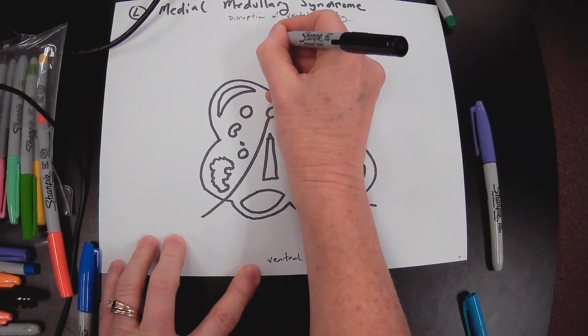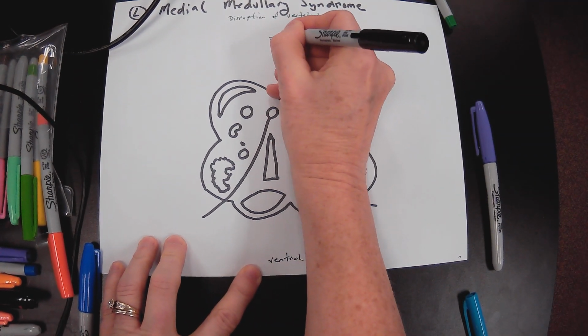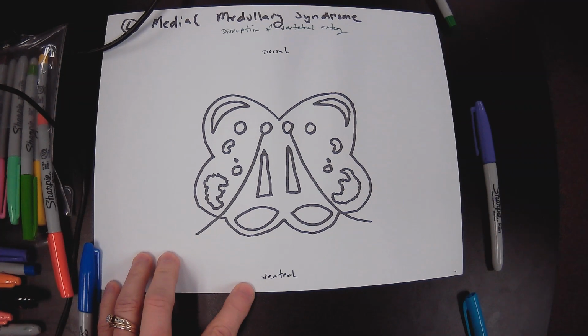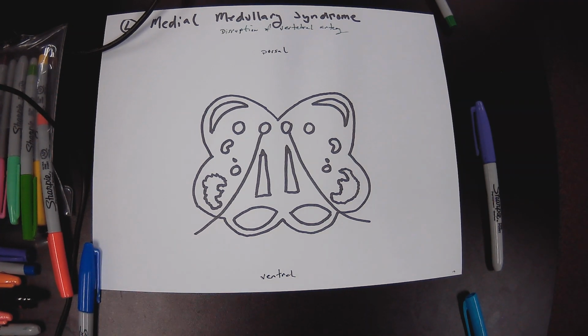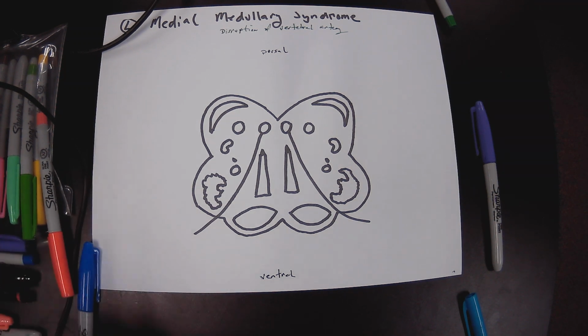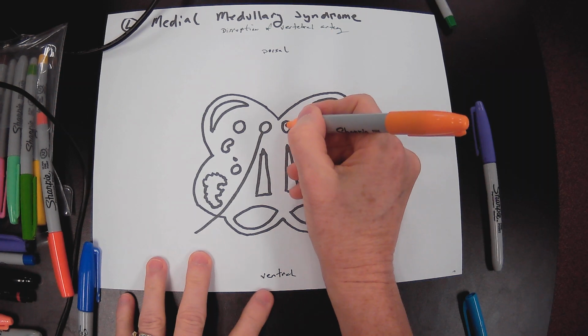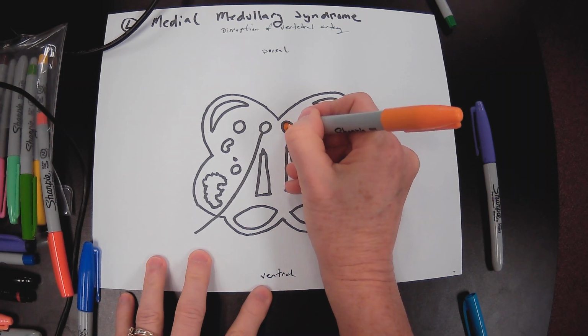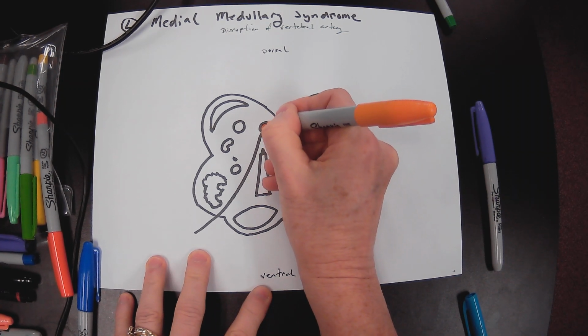And then this is going to be dorsal. Now, all we have to do is go through and label the parts like we've done previously for the midbrain, or for the brainstem's overview. This is the cranial nerve that's involved. So in the medial medulla, it's going to be cranial nerve number 12.